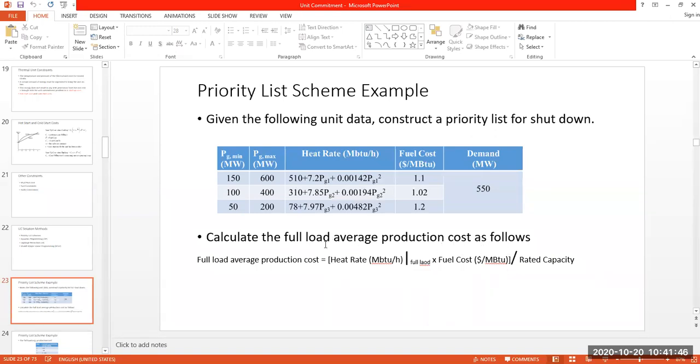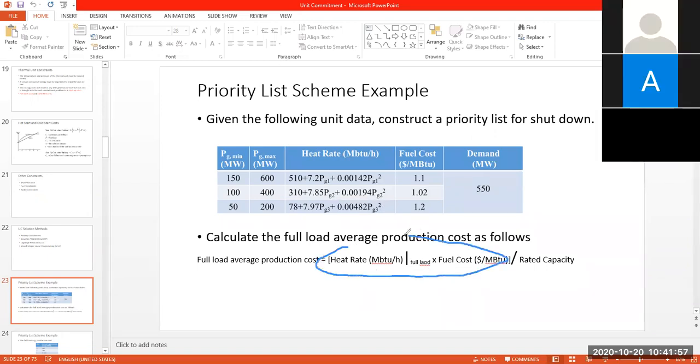So after you calculate this, you basically get the full load production cost. So what will be the unit? It will be dollars per hour. So for the full load production cost, then you divide it by the rated capacity.